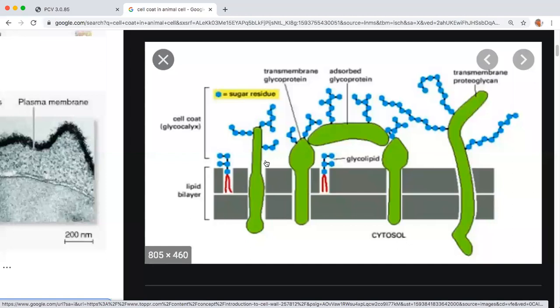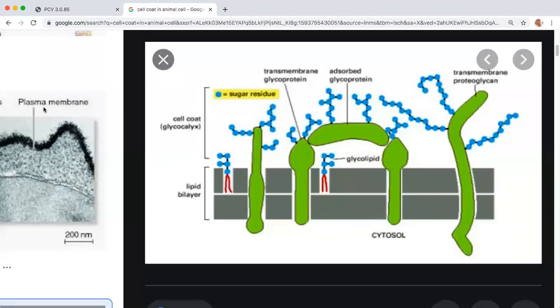Sometimes from outside this structure you can see some of these glycolipids, and these extensions, these branchings. This is what forms what we call a cell coat. These blue chains coming out as a branch of the plasma membrane, this is what we call a cell coat.